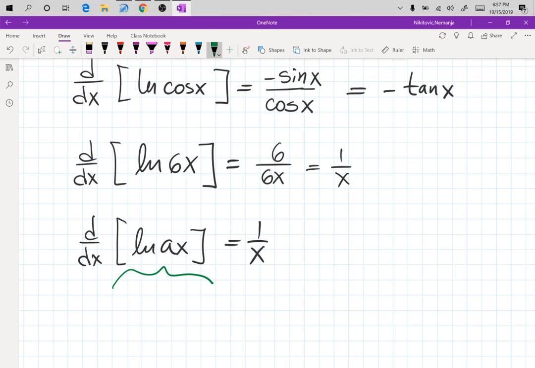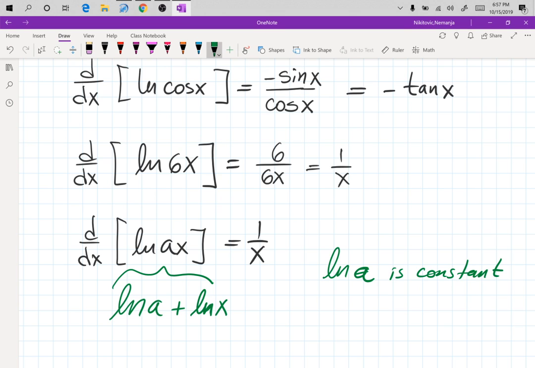This breaks down into ln a plus ln x. What is a? Constant. So what is ln a? Constant. And what's the derivative of a constant? Potato. Good. So now you know ln a is constant, and that's why.